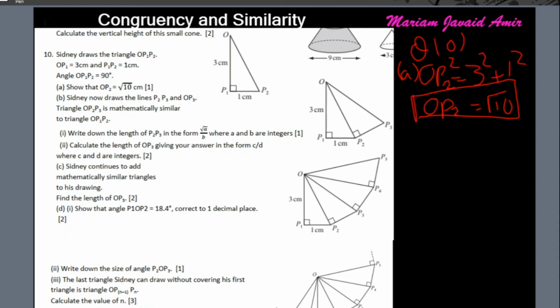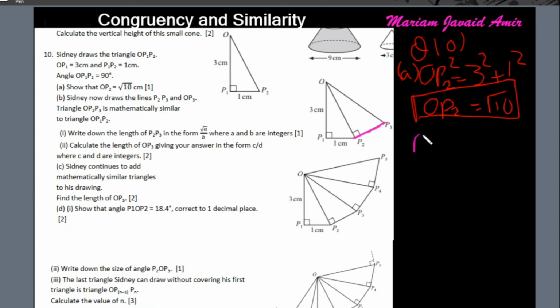Okay, part B. Sydney now draws lines P2P3 and OP3. Triangle OP2P3 is mathematically similar to the first triangle. Write down the length P2P3 in this form, where a and b are integers. So we need the length of P2P3, and remember these two triangles are similar.